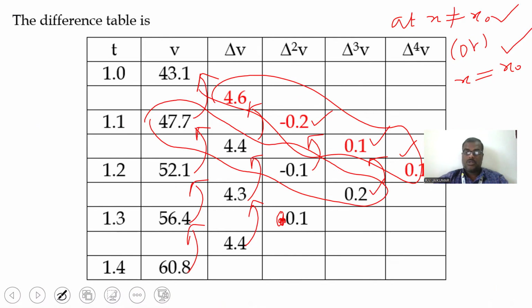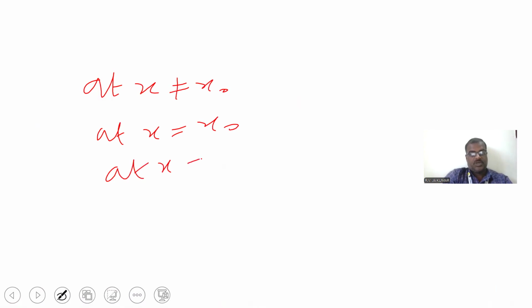You can use any one of the formulas: at x not equal to x naught, at x equal to x naught. I gave you four different formulas: at x not equal to x naught, at x equal to x naught, at x not equal to x n, at x equal to x n.